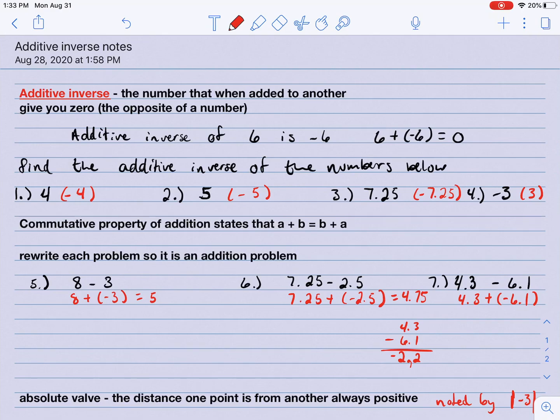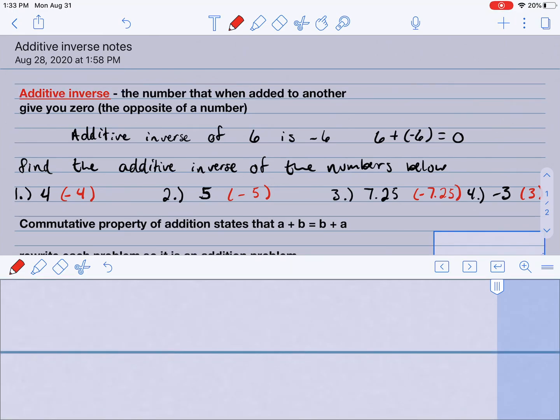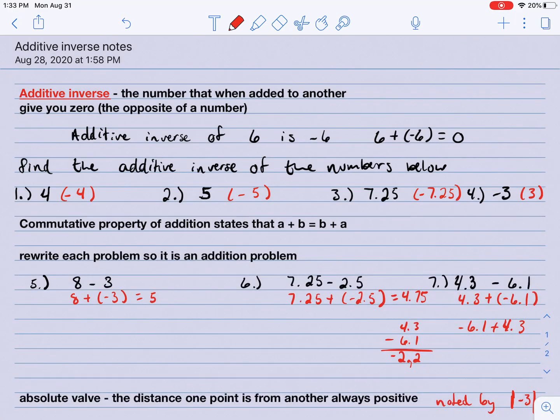So if you put it the other way, now that we have a negative 6.1, 4.3 plus a negative 6.1, we can rewrite this as negative 6.1 plus 4.3. And now we can treat this similar to a subtraction problem, but now the 6.1 becomes this, and we're minusing 4.3.